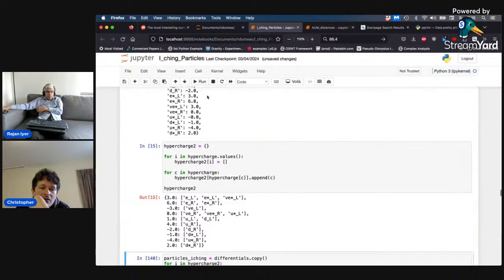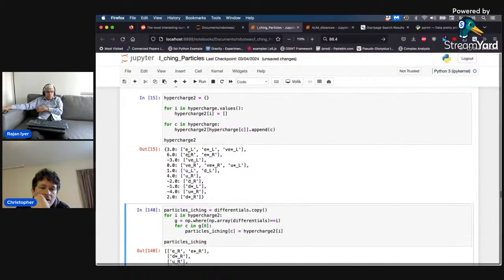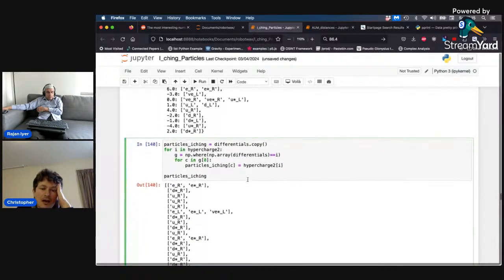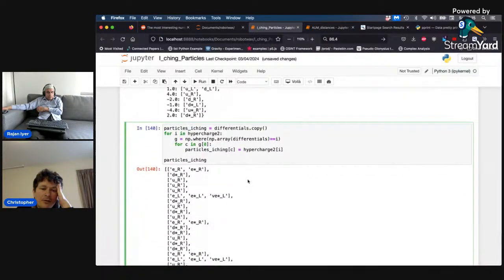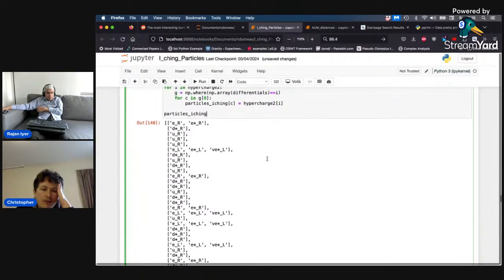This is just them grouped in sets, showing which ones correspond to which hypercharge value. For the differentials, it looks like we're reordering things.